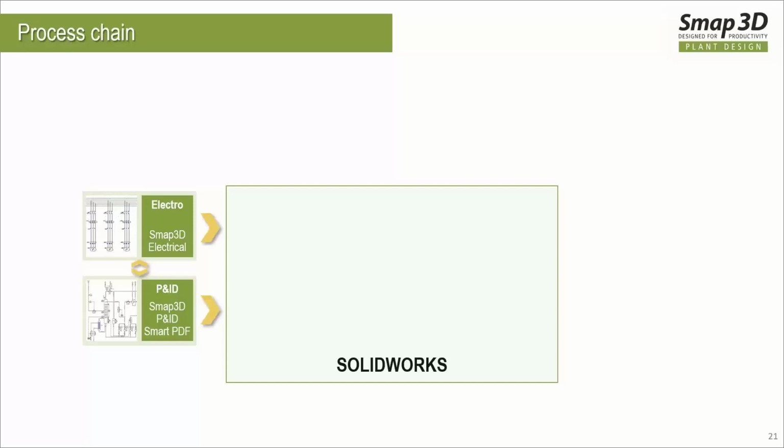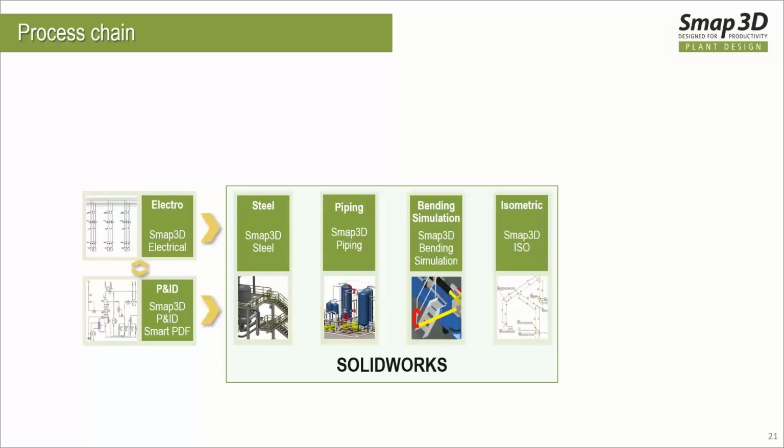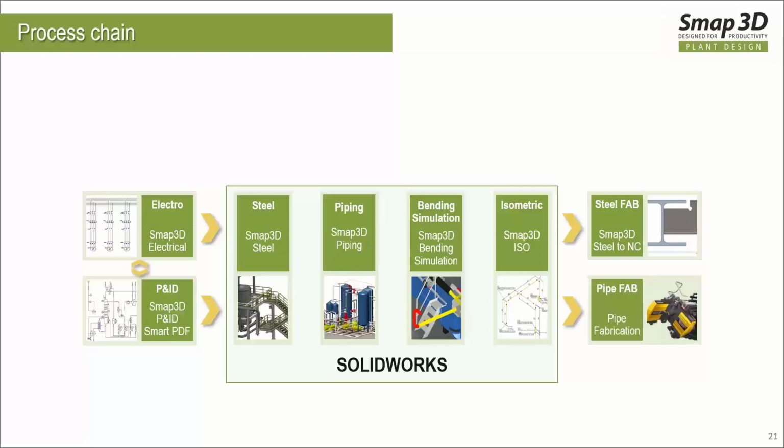So these require a license of SolidWorks: the steel, the piping, the bending simulation, and the ISO requires Smap3D Piping as well as SolidWorks. And then we also have our fabrication data, so the steel to NC and the pipe fab analysis tool.